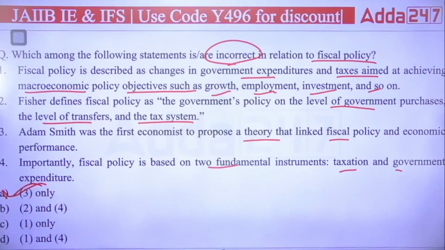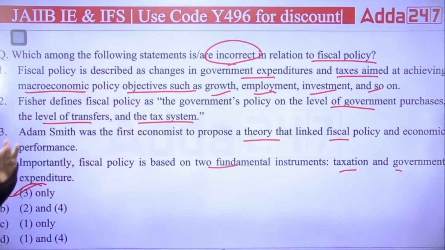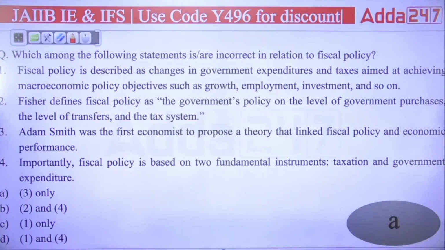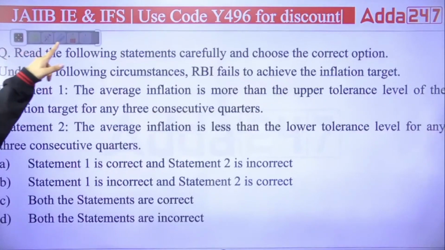Because Mr. Adam Smith was not the first economist. J.M. Keynes was the first economist who gave us the theory that linked fiscal policy and economic performance. So right answer is third is the incorrect statement about fiscal policy. Okay, right answer is third. It means option A. Because Adam Smith was not the first economist to define it.